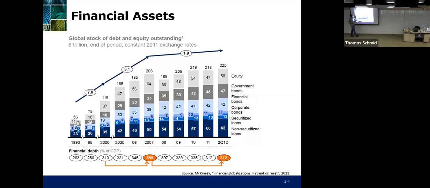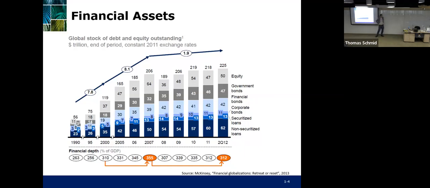That has grown to 219 trillion US dollars in 2010. So over this relatively short 20-year period, the stock of financial assets quadrupled, a factor of 4, right? Four times as high in 2010 as in 1990. A tremendous growth of financial assets during that time period.